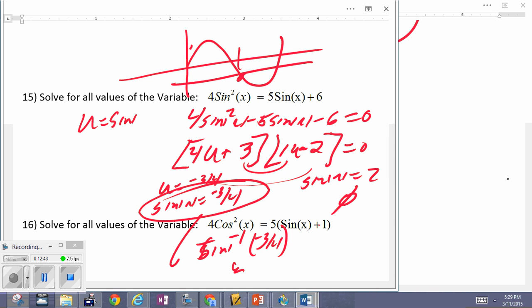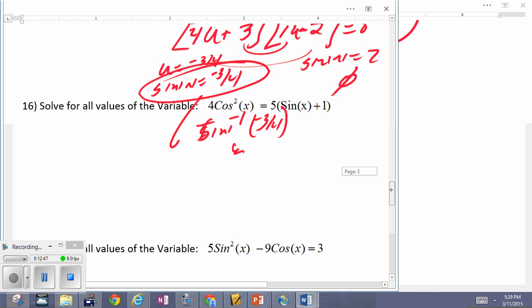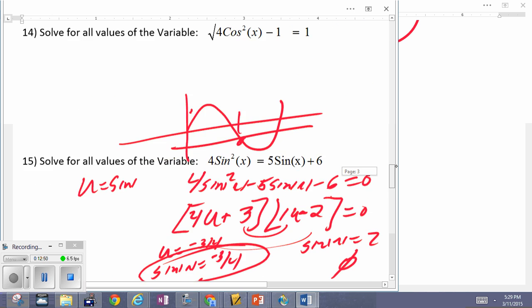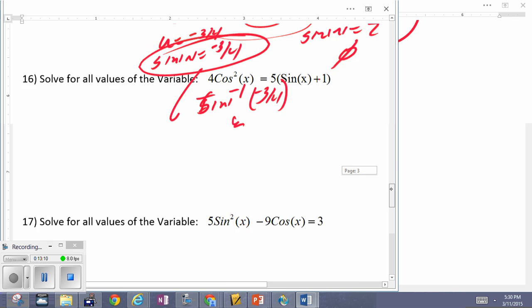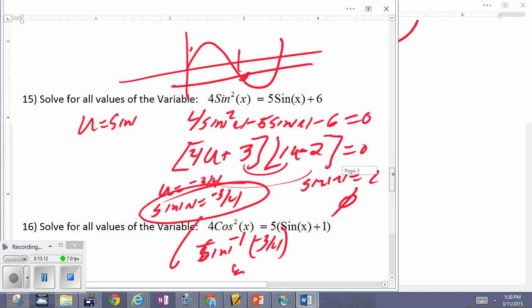It's going to give me the one value, and then I should be able to reason out what that other one is relative to the quadrant. So the negative 3/4 is going to be in the third quadrant and the fourth quadrant where the sine is going to be negative, right? So be able to report that value.